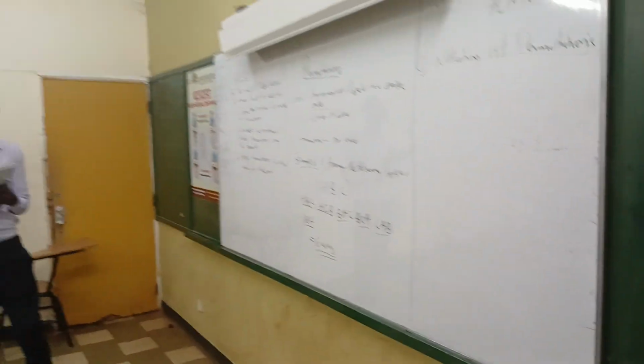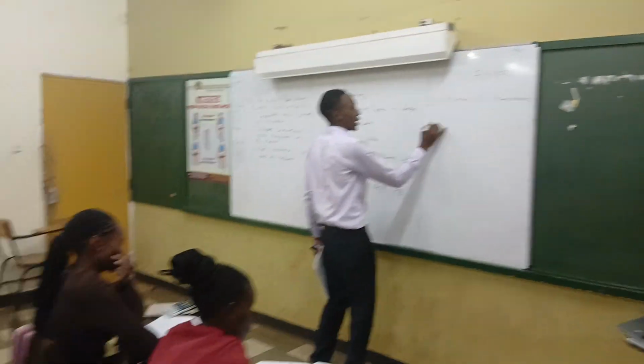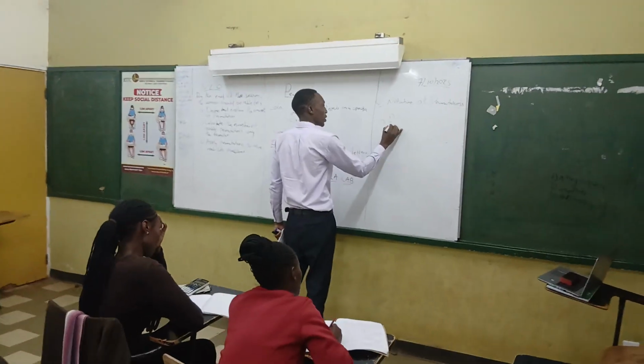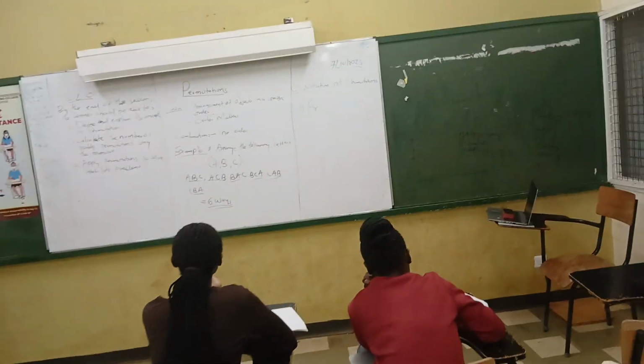For permutations, we write nPr, N permutation R. That is the notation of permutation.